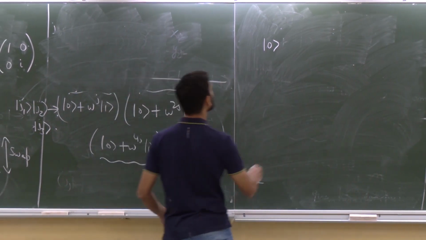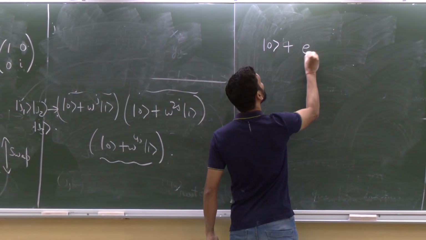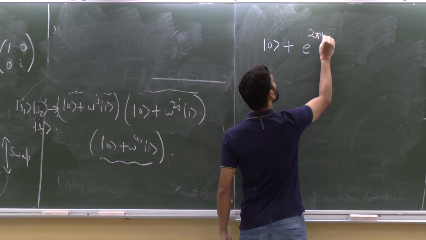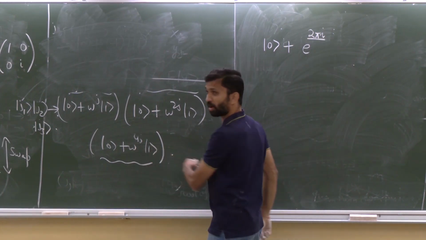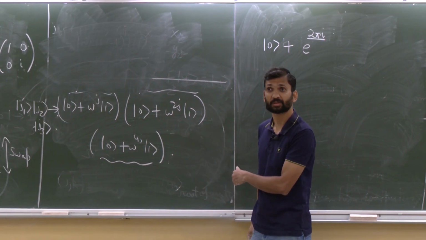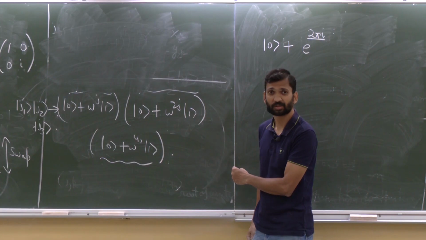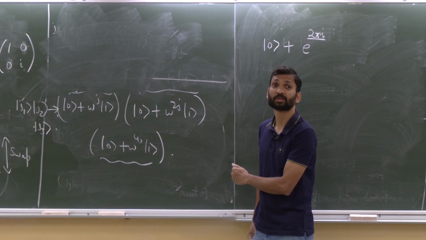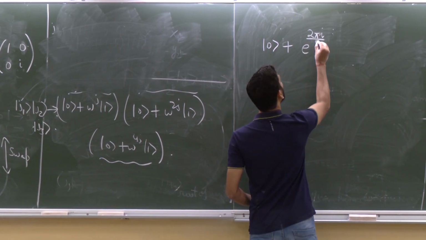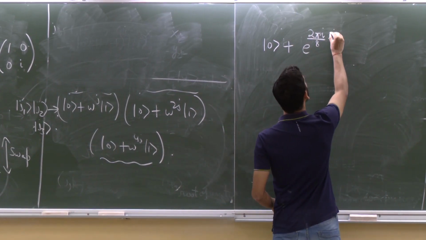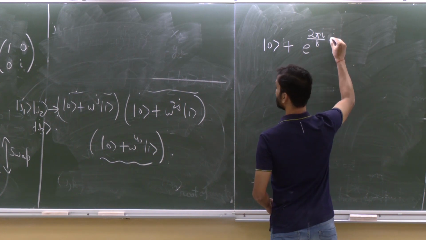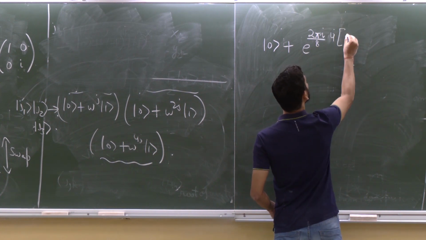Let me look at this. What is this omega here? What is n? 8th root of unity, right? What is the 8th root of unity? e to the power 2 pi i by 8 into 4.